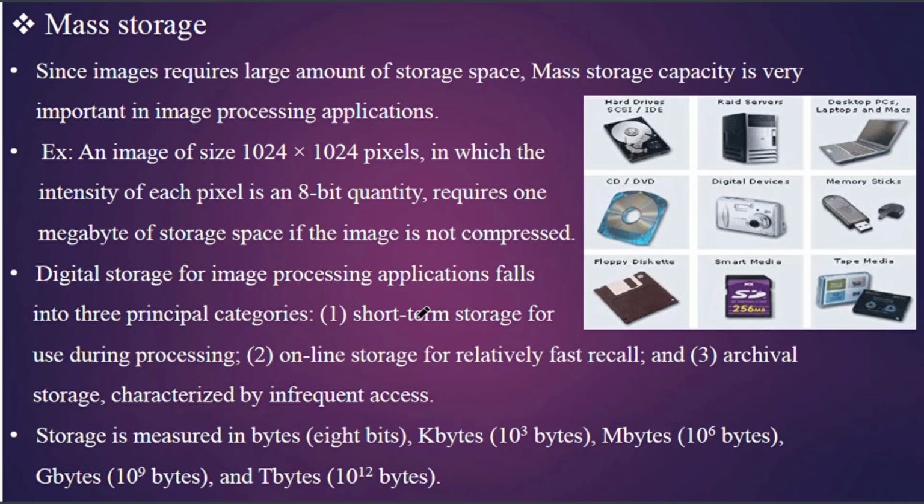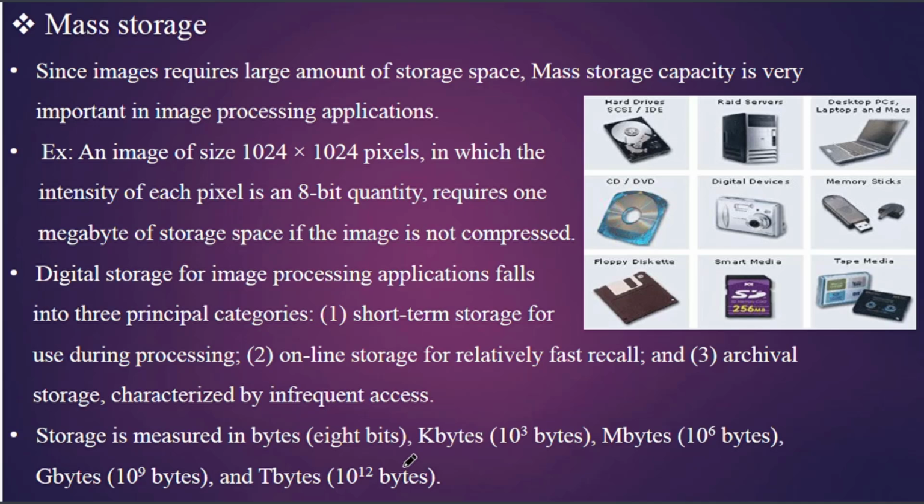Okay, I think you understand all these three terms. During the process, we need short-term storage. For fast recall, there is online storage, and for storing, we have archival storage. This archival storage is used when there is infrequent access. Okay. Then storage is measured in bytes.